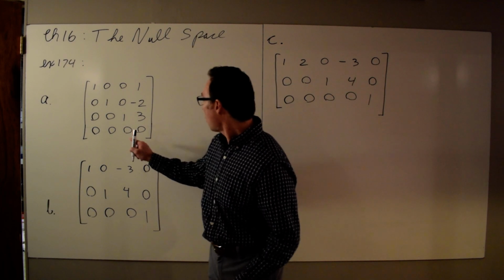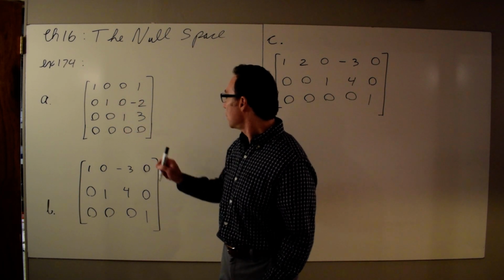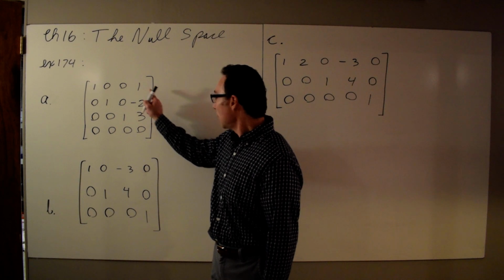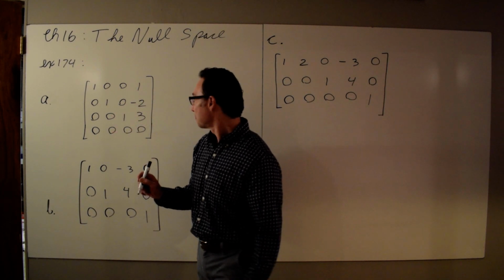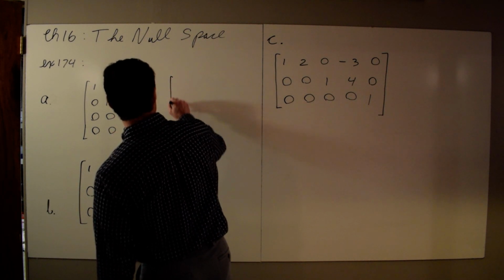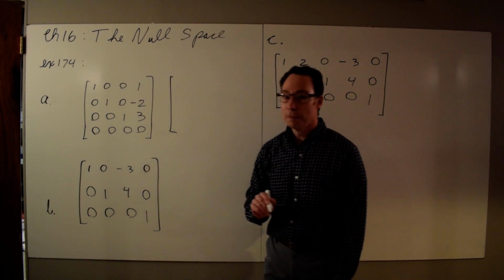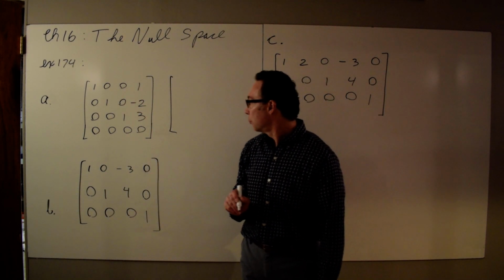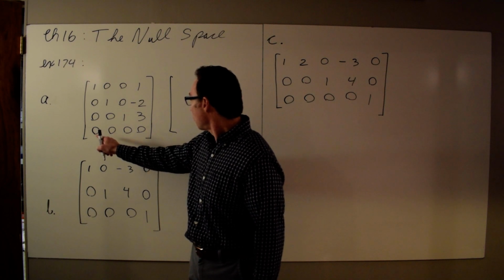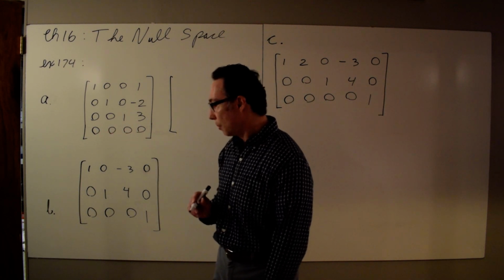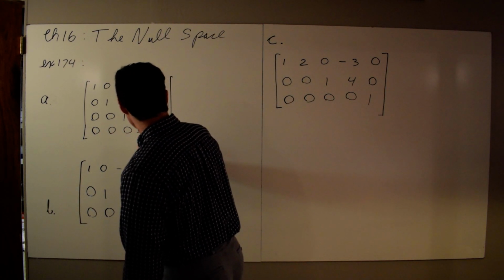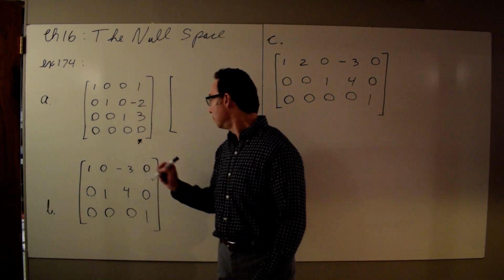So we want to find a vector that's not the zero vector that is in the null space of this matrix. So I will start to write the vector here. Now if you look at the proof, it is based on finding the first free column of the matrix. For this first example, it will be the last column.